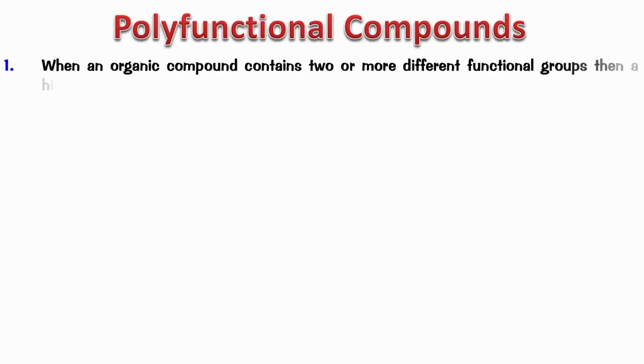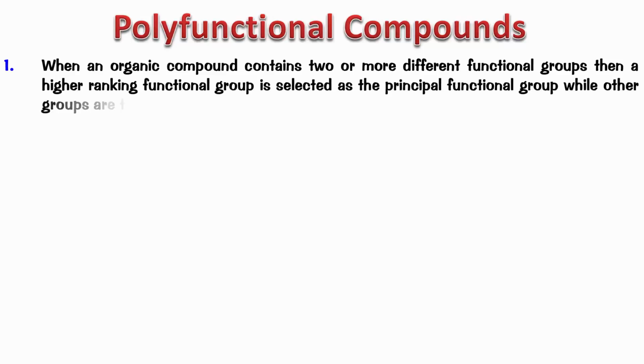If you have a group of higher priority, that is taken to be the principal functional group. So when an organic compound contains two or more different functional groups, then a higher ranking functional group is selected as the principal functional group, while other groups are treated as substituents.